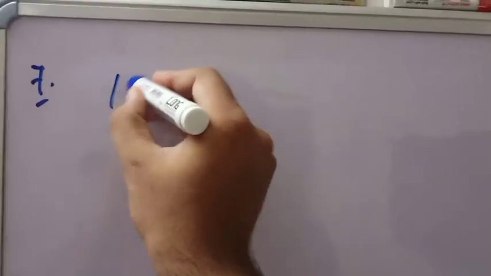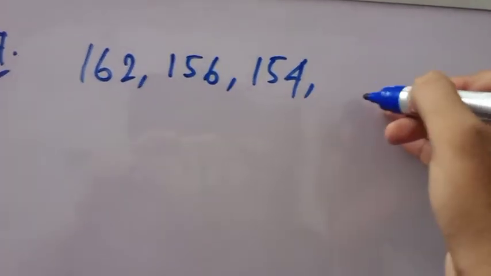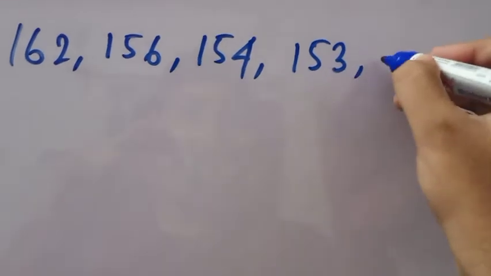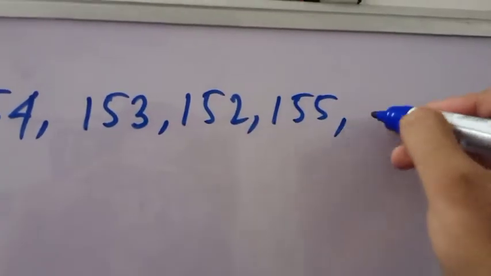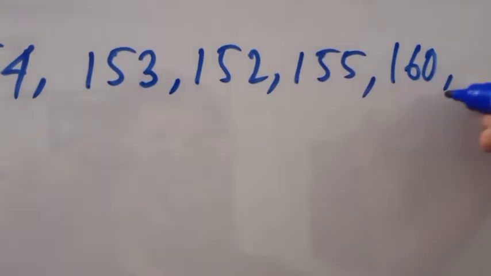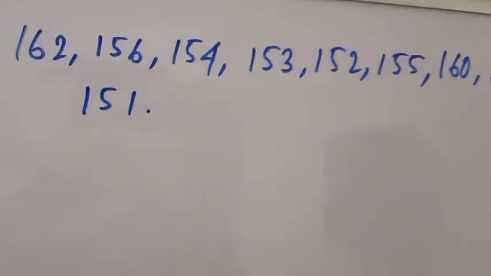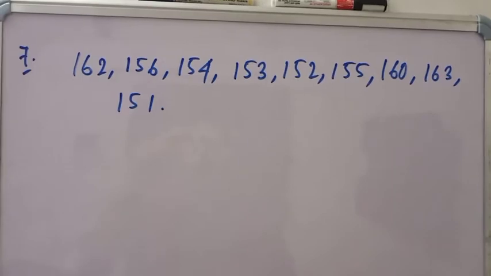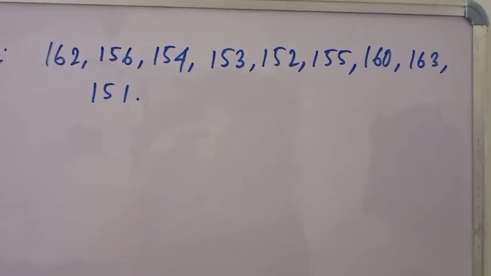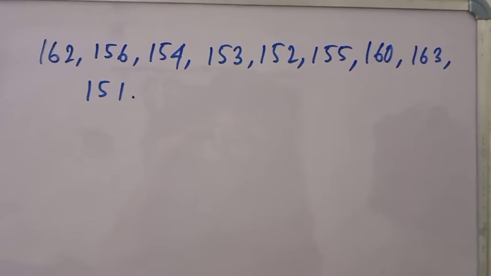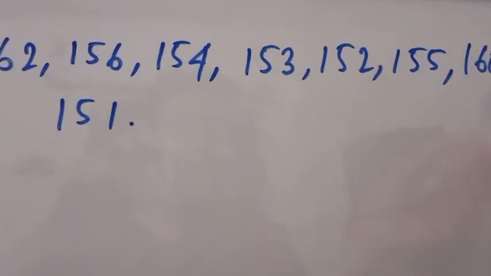So write 162, 156, 154, 153, 152, 155, 160, 163 and 151. 162, 156, 154, 152, 155, 160, 163, 151. So 1, 2, 3, 4, 5, 6, 7, 8, 9.